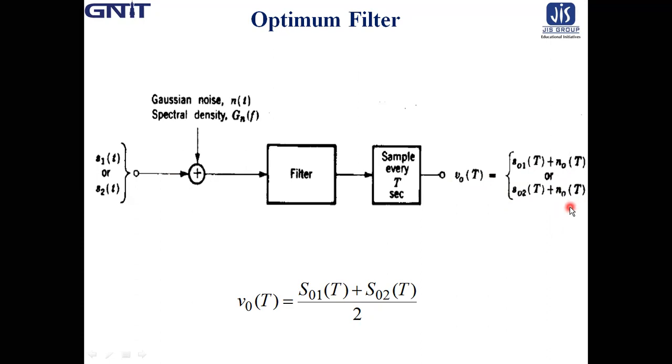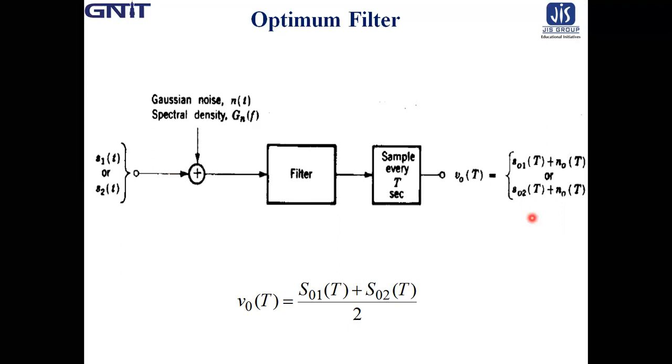So to minimize the probability of error, one should assume that S1(t) has been transmitted if V0(t) is closer to S01(t) than S02(t). Similarly, we assume S2(t) has been transmitted if V0(t) is closer to S02(t) than S01(t).